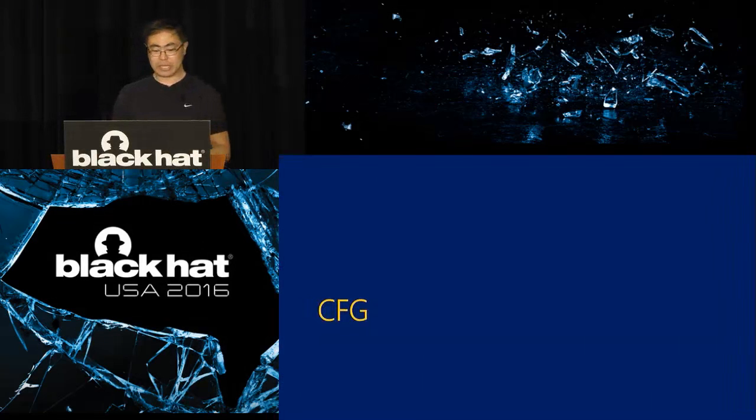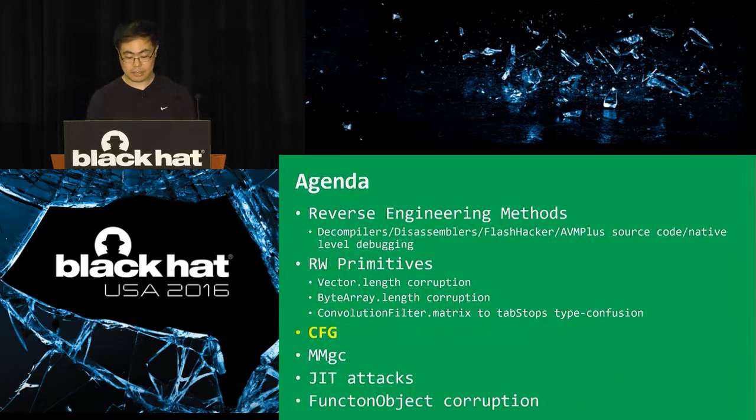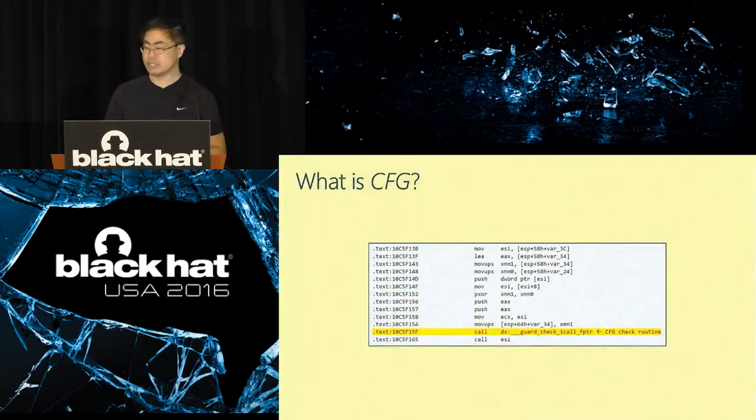So we talked about the RW primitives. Getting RW primitives is easier than actually executing something, because even though you have access to the process memory, there are a lot of hurdles until you get code execution. One of those mitigations, the most recent one, is CFG. So what is CFG?